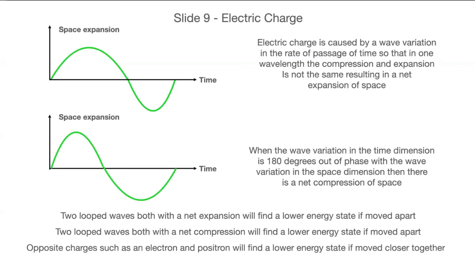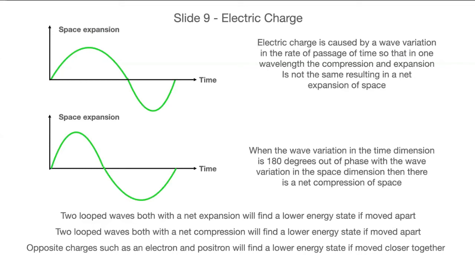Now, so far we've been talking about gravitational waves, which you can think of as a moving compression and expansion of space, propagating through space. So what would happen if we had a wave variation in the time dimension, as well as a wave variation in the space dimension?